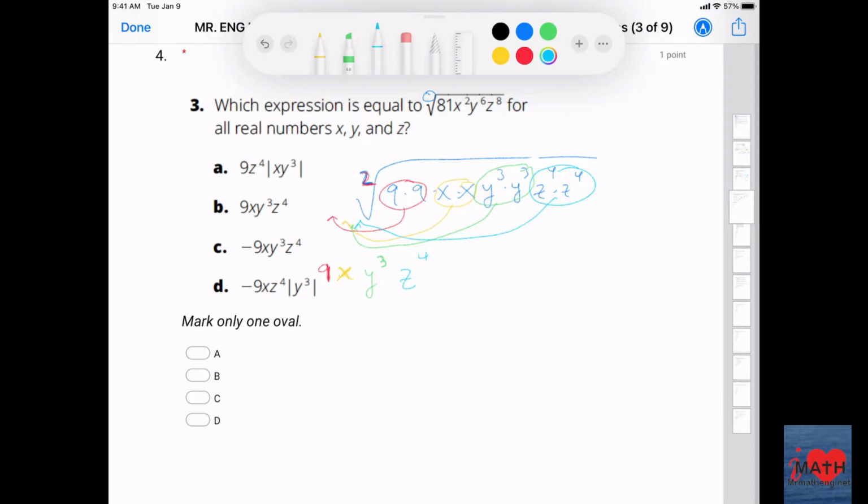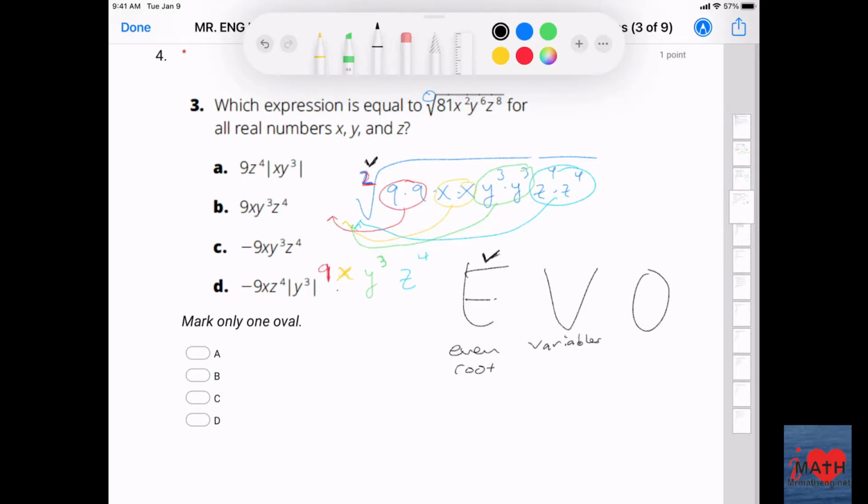Now here's the other part that we need, something called EVO, which stands for even root or degree, which we have. So I'm going to put a check here. V means variables.